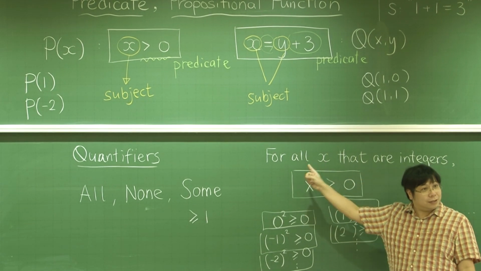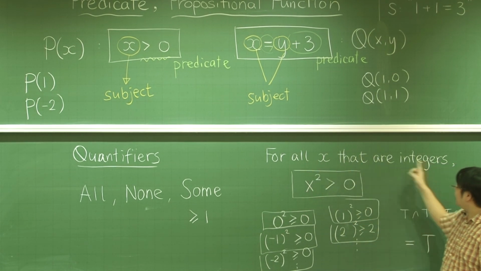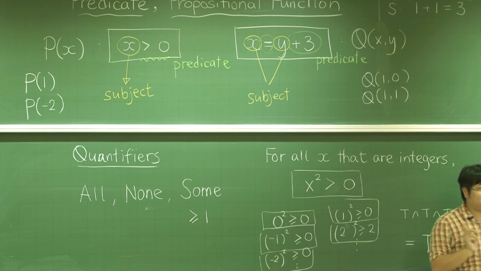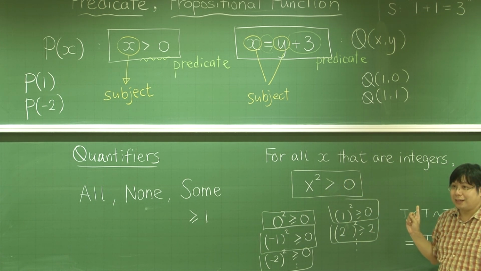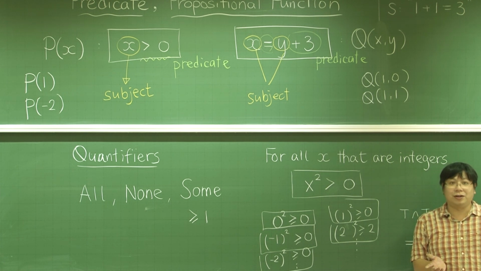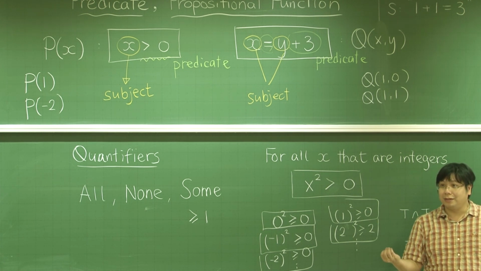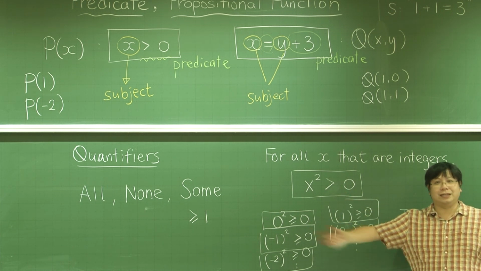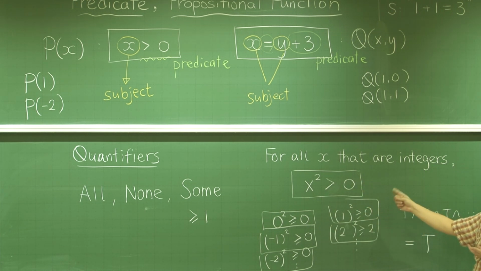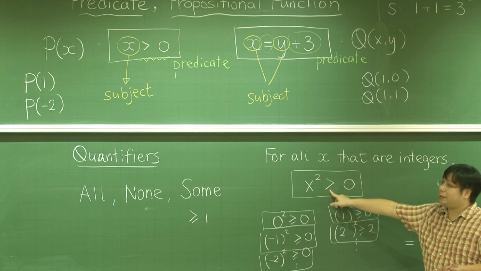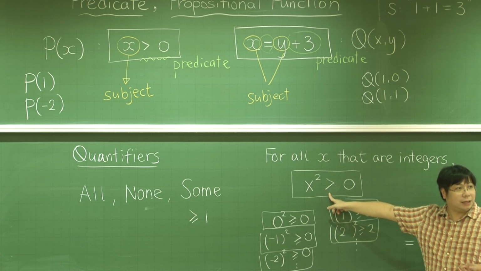If we still consider all x that are integers, x squared greater than 0, will it be true or will it be false? False. Okay. Why is it false? Because we can pick x to be 0, and then it is not true. So you are saying that everyone here is happy, then someone is there unhappy, then you cannot say everyone is happy. Okay? So in this case, if you remove this one, it is false.